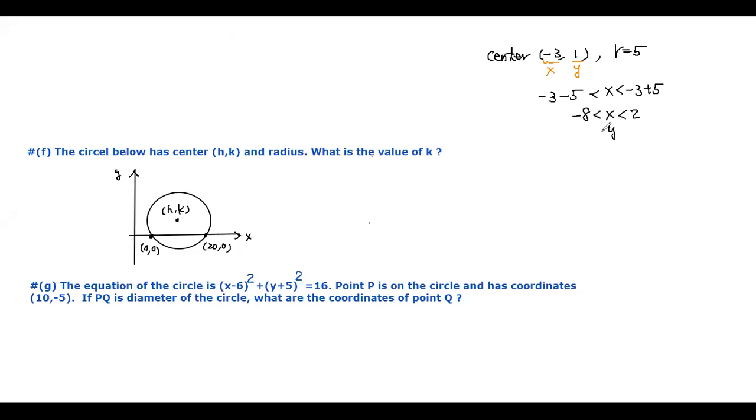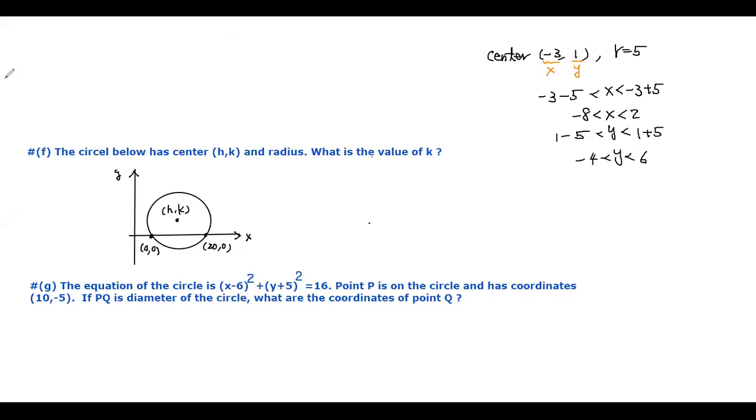The same way, the y is from what? From 1, you go up 5, and from 1, you go down 5. So y should be from 6 to negative 4.